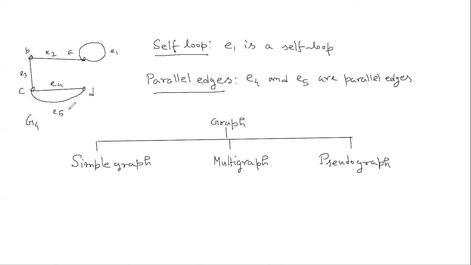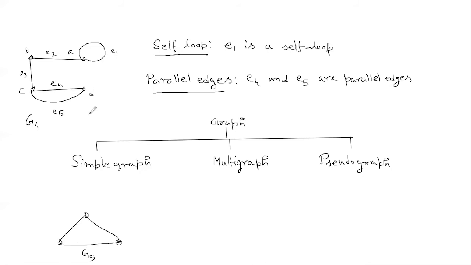Now, depending on the presence of self-loops and parallel edges, we can classify graphs as simple graph, multi-graph, and pseudo-graph. If in a graph there are no self-loops and parallel edges, then we say the graph is a simple graph. For example, this is a simple graph, say G5.